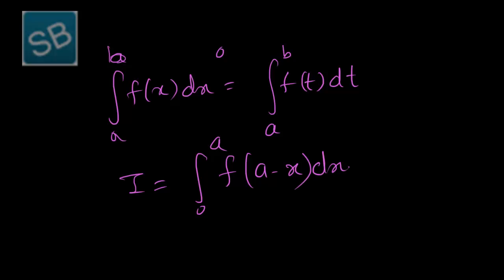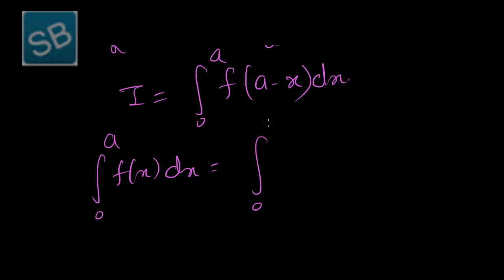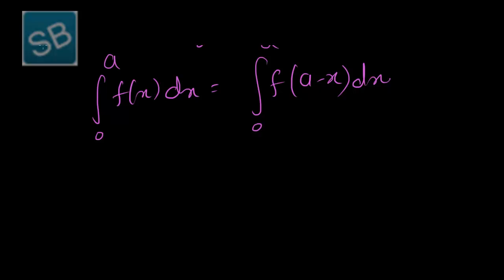So we will get from this integral 0 to a f of x dx is equal to integral 0 to a f of a minus x dx. That was our first theorem. We will use this theorem in the given problem. Now on the basis of this theorem, how can we apply it in a problem? Let's see.